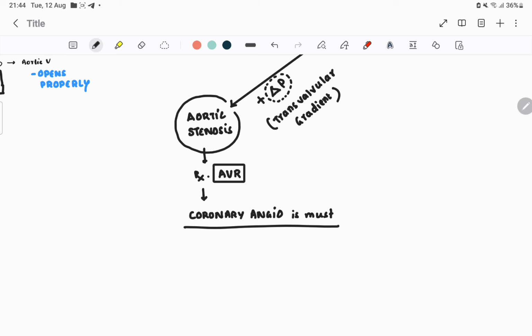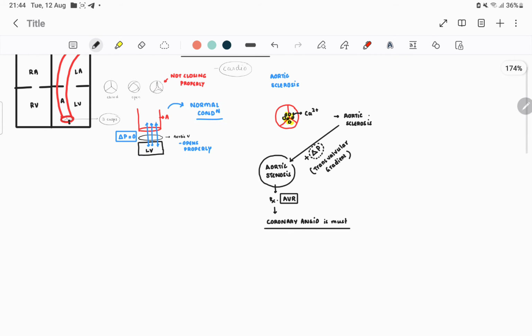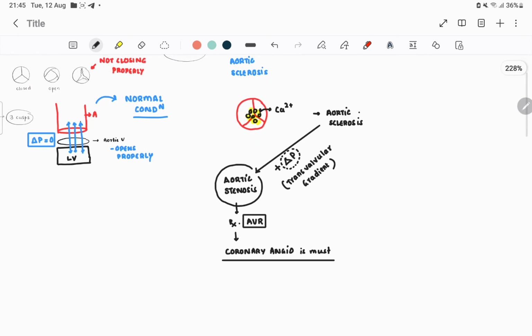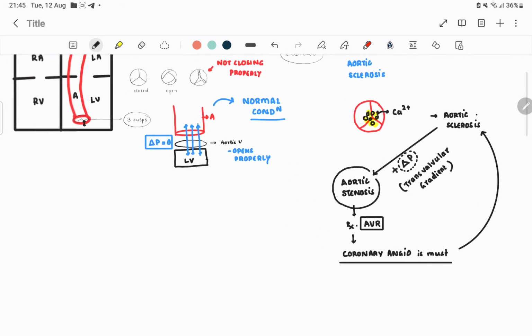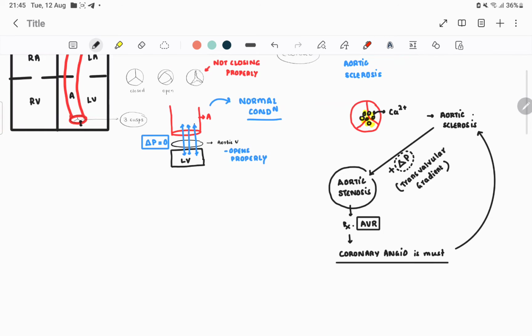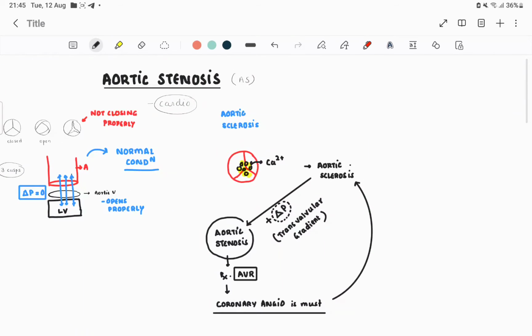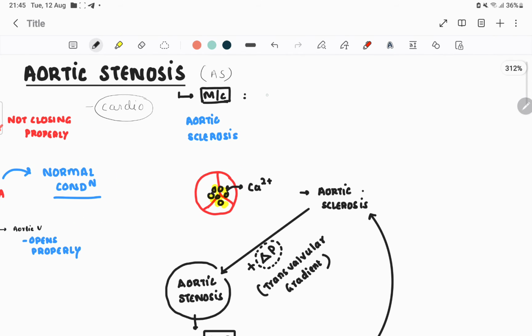Because we have to see the atherosclerotic changes, because most commonly it is associated with aortic sclerosis only.